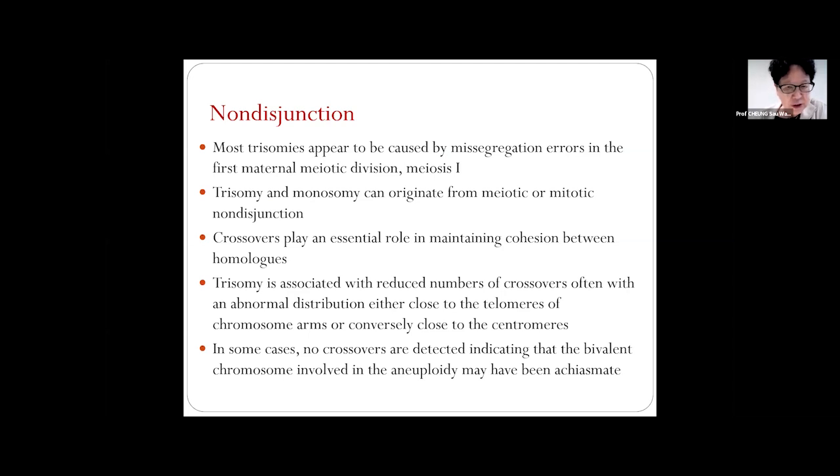Trisomy is associated with a reduced number of crossovers, often with abnormal distribution, either close to the telomere of the chromosome arm or conversely close to the centromeres. In some cases, no crossing over is detected, indicating the bivalent chromosome involved in the aneuploidy may have been achiasmatic, meaning no chiasma.